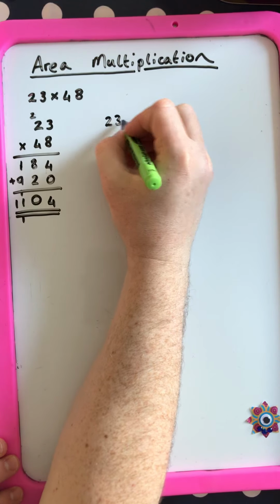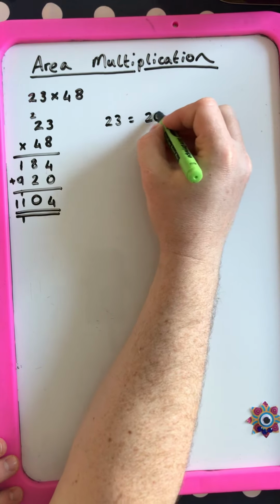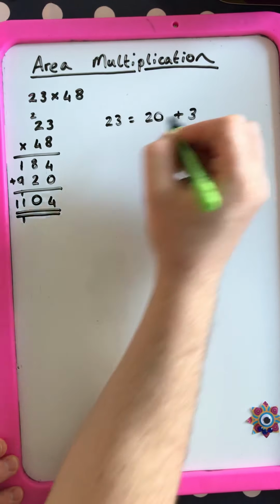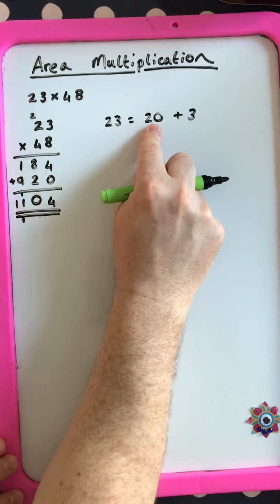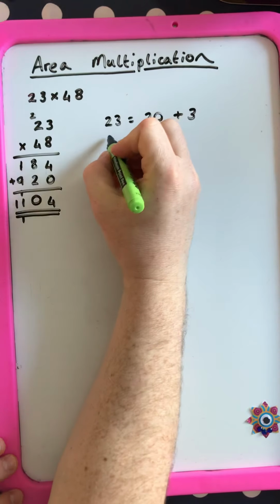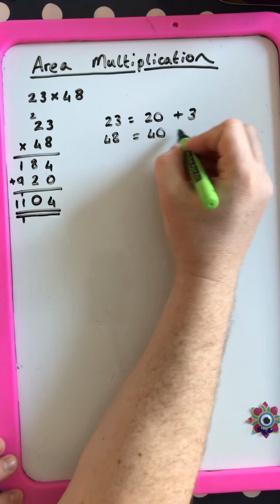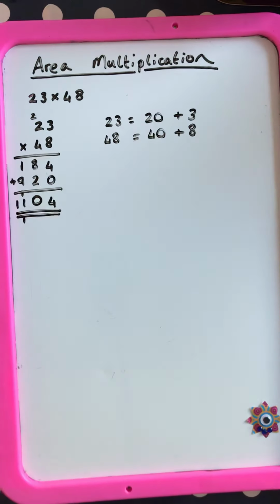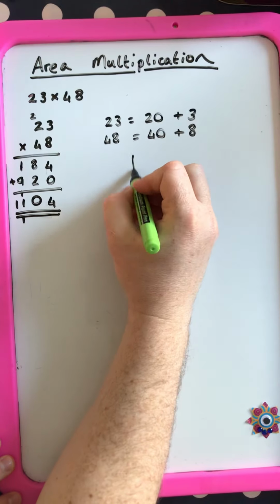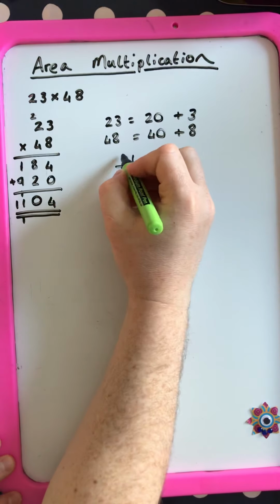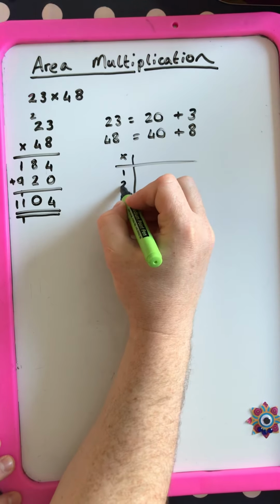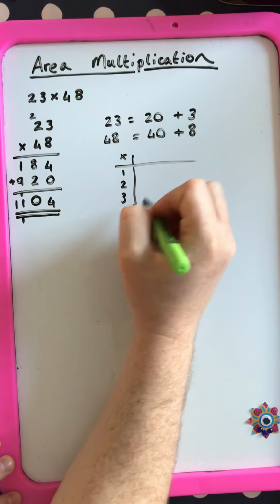So this 23 is made up of the 20 and the 3, okay? Just in our tens and our ones column. Our 48, our tens and our ones column. Okay, and you have been well used to seeing your multiplication grid, your 1, your 2, your 3, your 4.